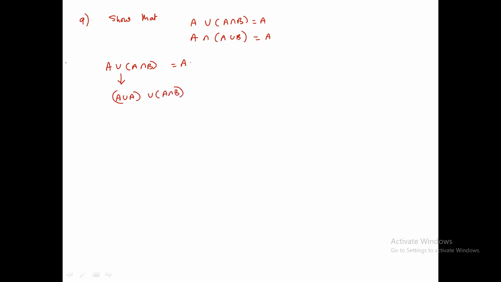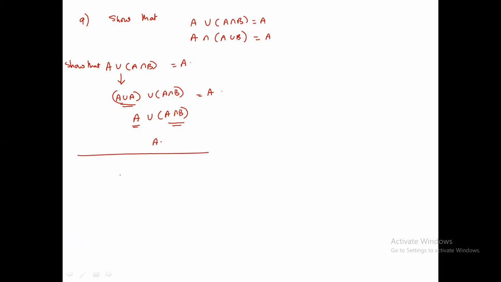We are just modifying the question and saying show that this is equal to A. Now, A union A is A, union A intersection B. Now, A and A intersection B, if you take union, obviously you will get A. This is the first way, an easy way to prove using distributive law.